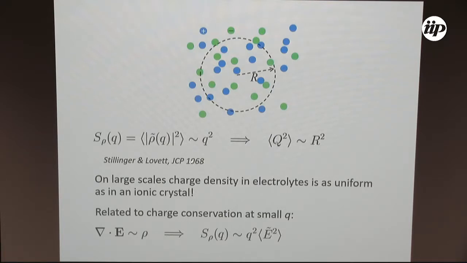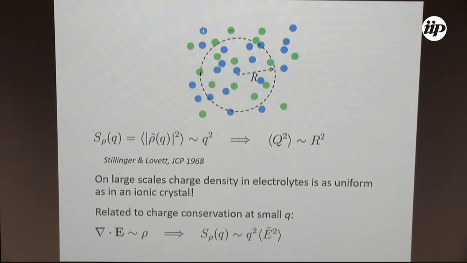It is a well-known result from the 60s that S of Q of the charge density decays to 0 as Q goes to 0, it decays quadratically. And soon I'm going to tell you why. In the language of hyperuniformity, it means that if I take a window of size R and I ask what is the fluctuation in the total charge in such a blob, then it scales like the surface of the blob and not like the volume of the blob.